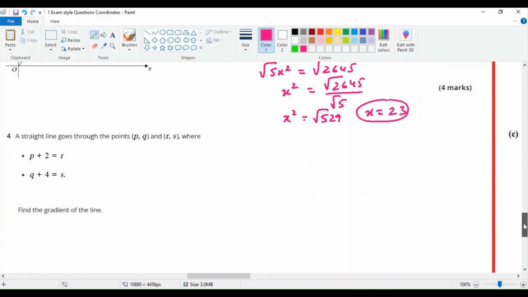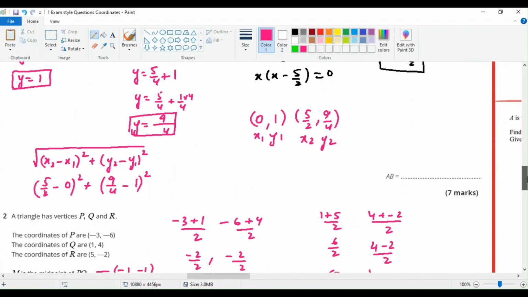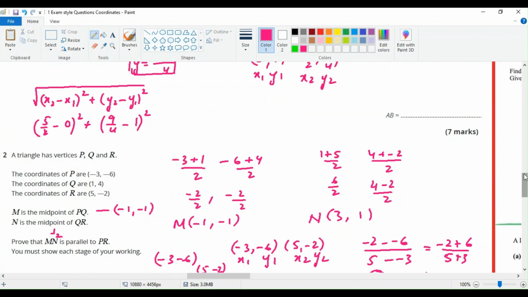Now I was wondering, before going ahead with the next question, I stopped here, and I was expecting that you would be doing it. Let's see if you have done it or not. I will solve this over here once again. Now this is (5 over 2 minus 0) squared, the same thing, and this is going to be under root plus (9 over 4 minus 1), which is going to give us (5 over 4) squared. So once we solve this, this gives us 25 over 4 plus 25 over 16.